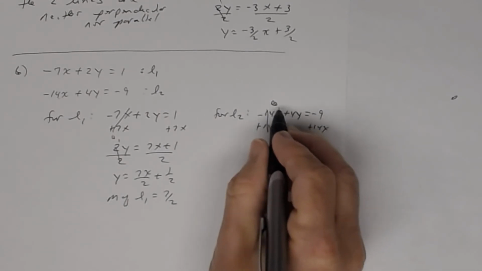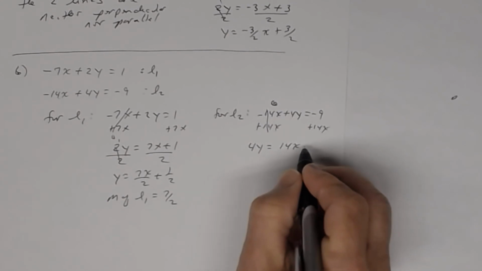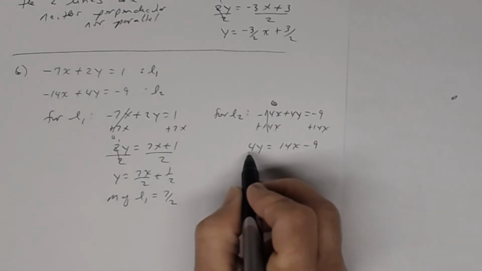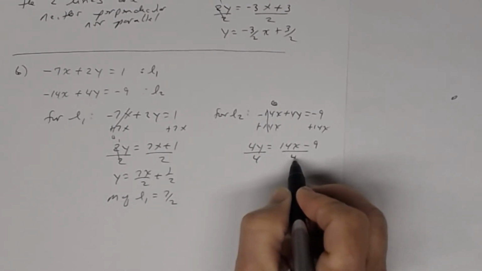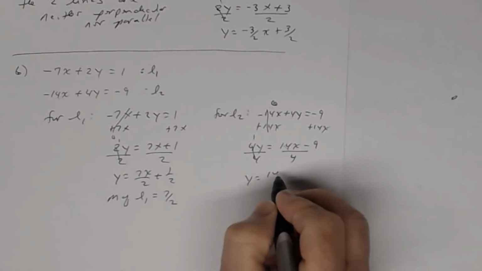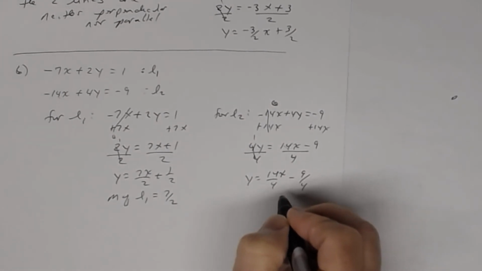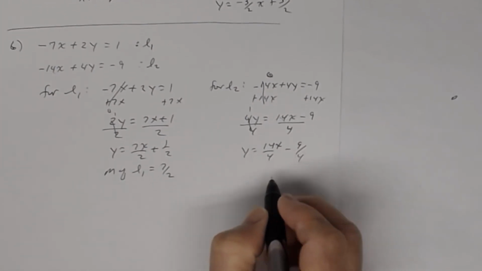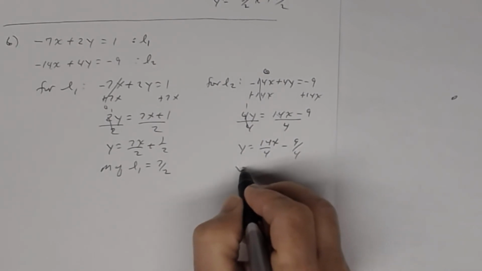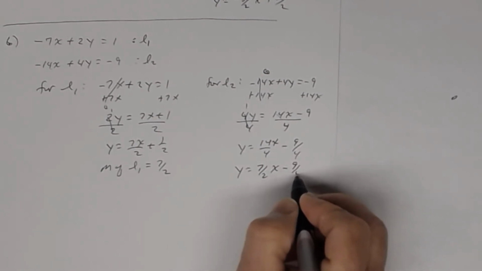That's 0, and then 0 plus 4y is 4y equal 14x minus 9. Then divide both sides by 4 to get y by itself. I get y equal, writing this as two fractions, 14x divided by 4 minus 9 divided by 4, but reduce. 14 fourths reduced is 7 halves. So I get 7 halves x minus 9 fourths.